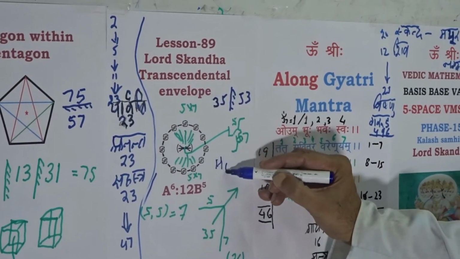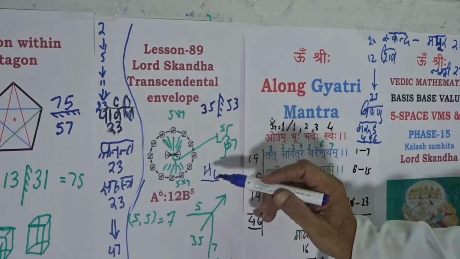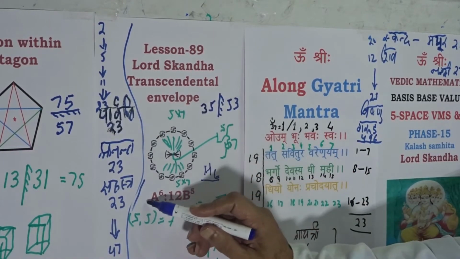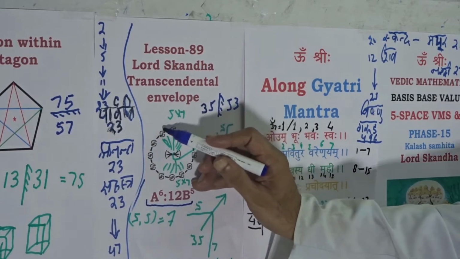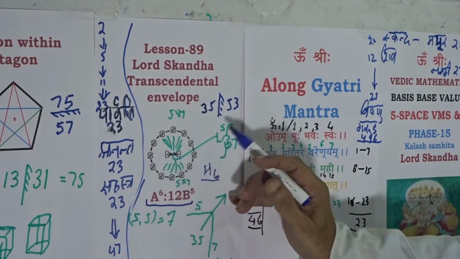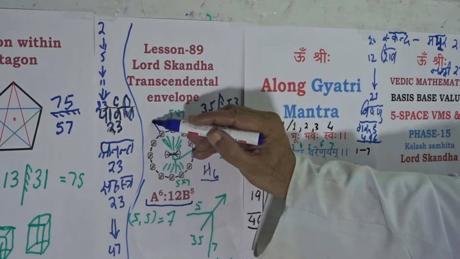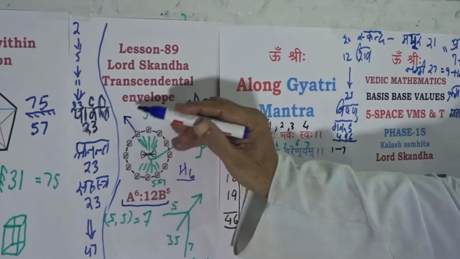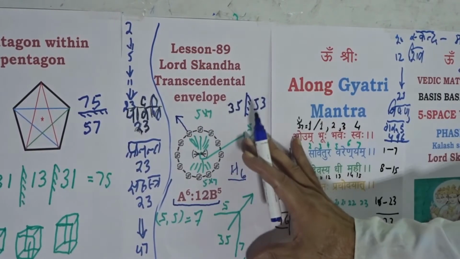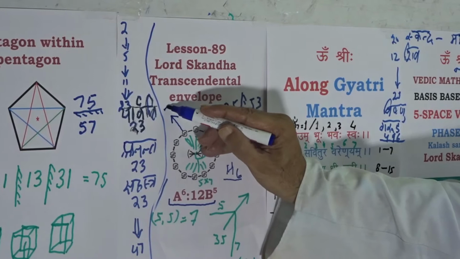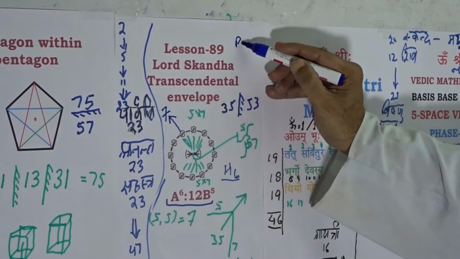Hypercube 6 is the representative regular body of 6 space, and the domain boundary ratio is A^6 is to 12 B^5. The transcendental boundary is of 12 components. If the transcendental boundary component strips off, then it dimensionalizes the outside space as a 7 space, a space of a pole star, Dhruv.